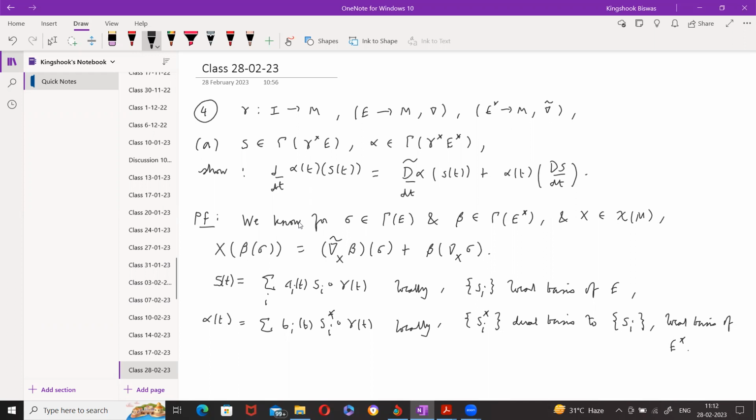And so in an interval which maps into that small open set, I can write any section as a linear combination of the local basis. And so a section along the curve will be given by a linear combination where the coefficients are functions of t. These are not functions on the manifold. These are functions of t. Okay. So is this clear?